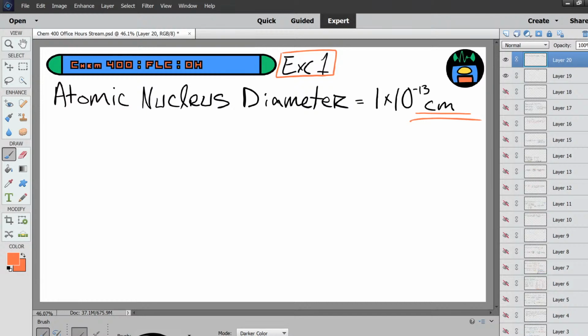Now that you have a length unit, this is just one long unit conversion problem, because this problem gives you the ratio that there are 1 times 10 to the negative 13th centimeters in 1 nucleus.